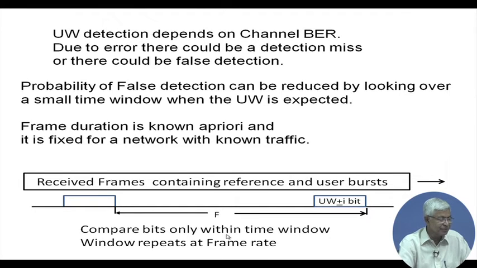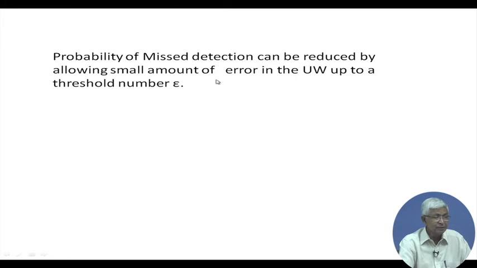So, compare bits within the time window only, and the window repeats at the frame rate. The probability of false detection is reduced by the aperture technique, and the probability of misdetection can be reduced by tolerating some error: I allow some amount of error in the Unique Word up to a threshold, let us say epsilon.